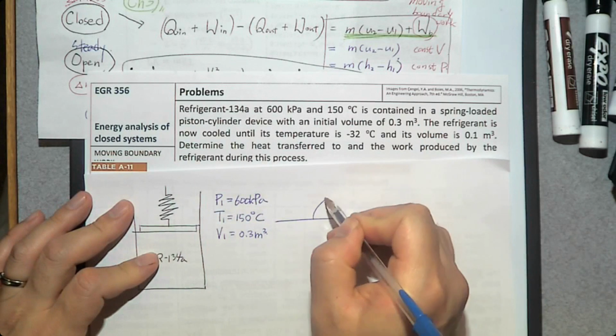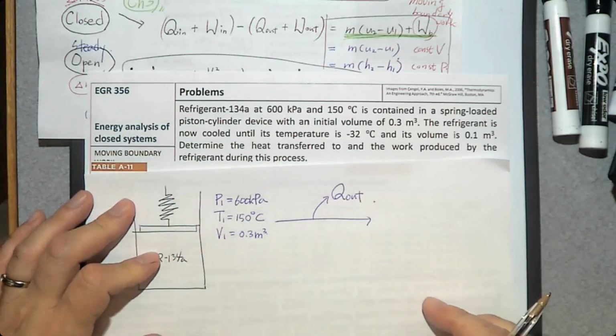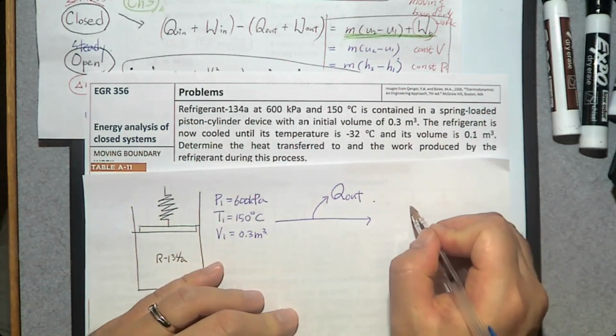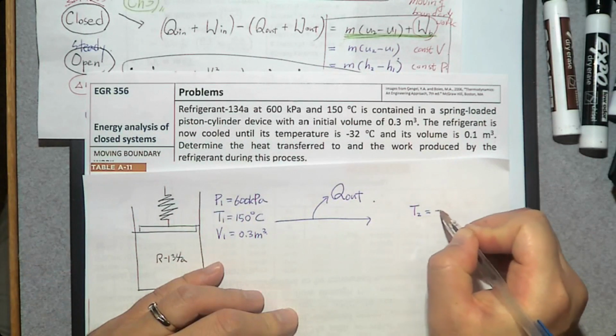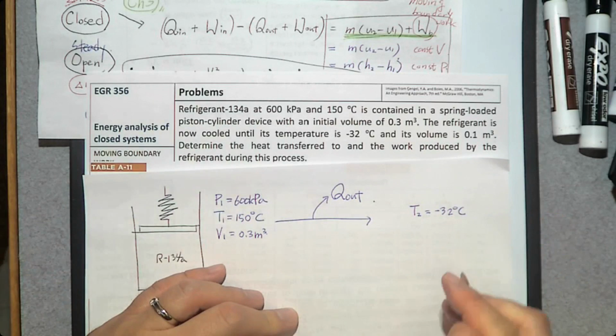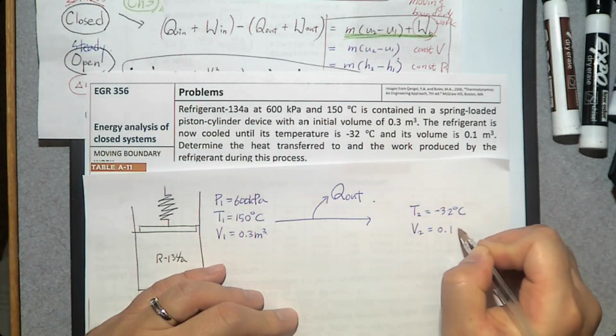Cooling process means heat is removed. So there's a Q out from R134A. So now we have the final temperature, minus 32 degrees Celsius, and its volume, V2, is 0.1 cubic meters.